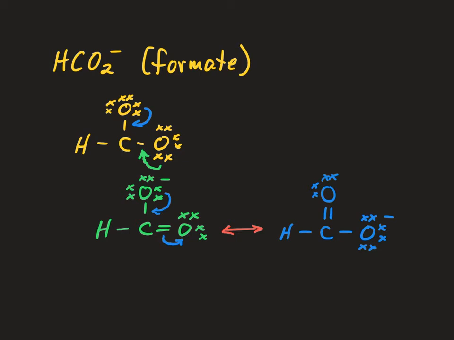Conversely, we could go backwards by showing this pair of electrons falling in as this pair of electrons moves out. That's the conversion of this structure into that structure. So we can use curved arrows to show the movement of electrons within a structure to show the interconversion of these two resonance structures.